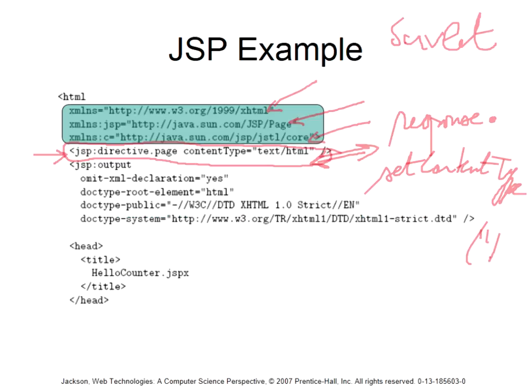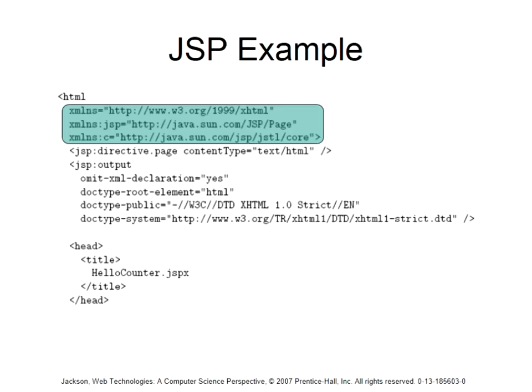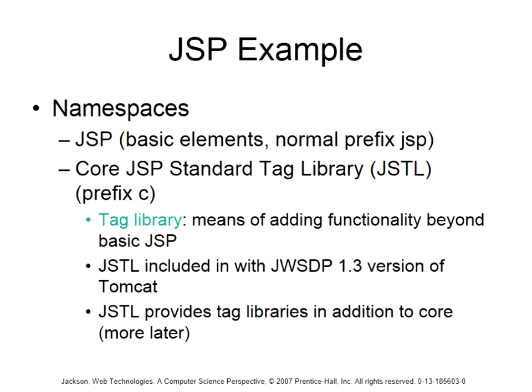If we want to write a GSP document, we can use only this namespace, only GSP, okay? But there are some other functionalities provided by the tag C. For this reason, we add the tag C. C is the abbreviation of Core GSP Standard Tag Library. Is it clear?